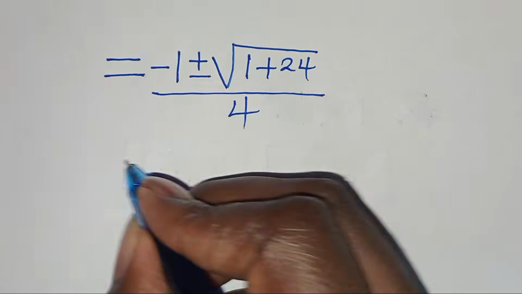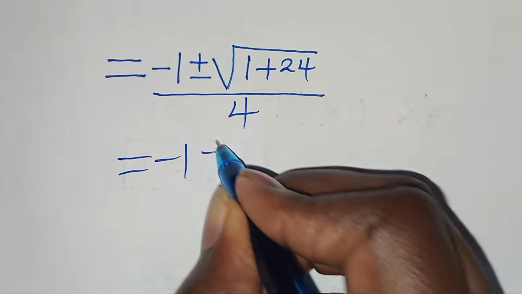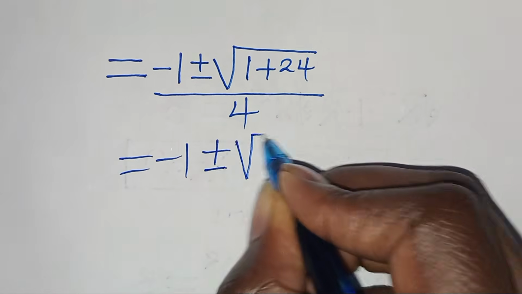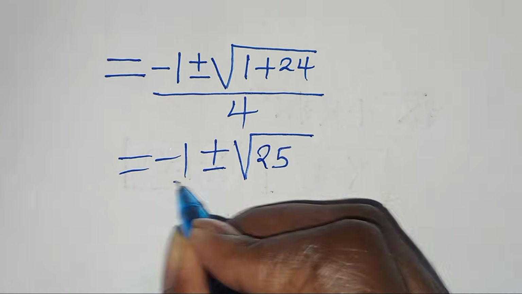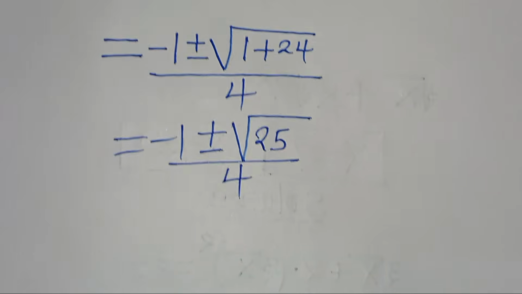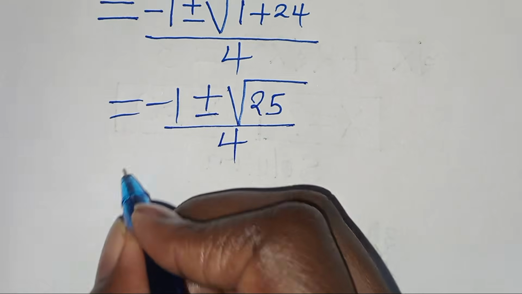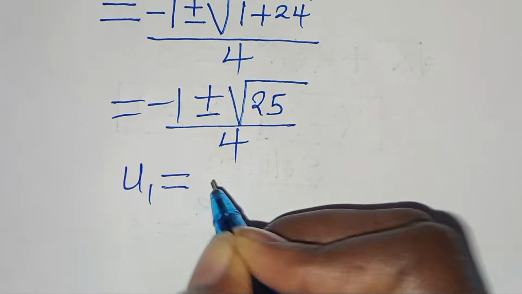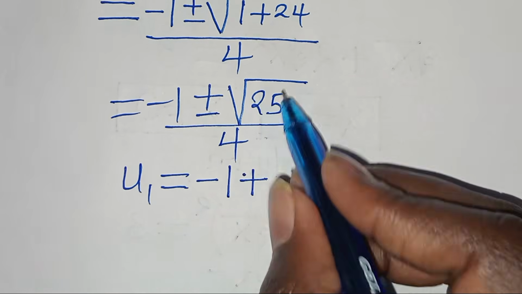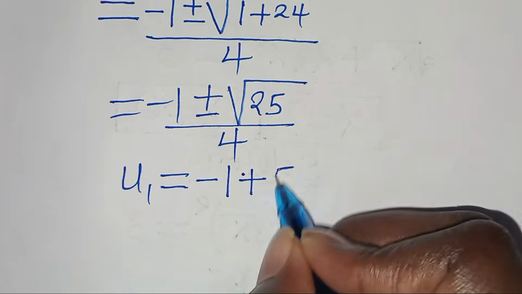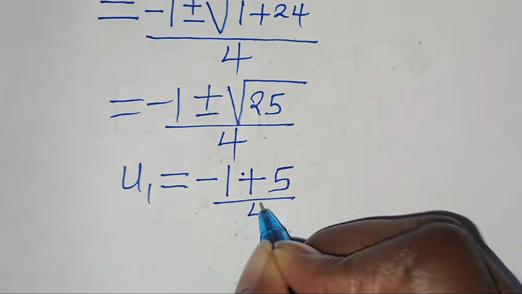Therefore we have minus 1 plus or minus the square root of 24 plus 1, which is 25, divided by 4. So u1 is equal to minus 1 plus the square root of 25, which is 5, divided by 4.